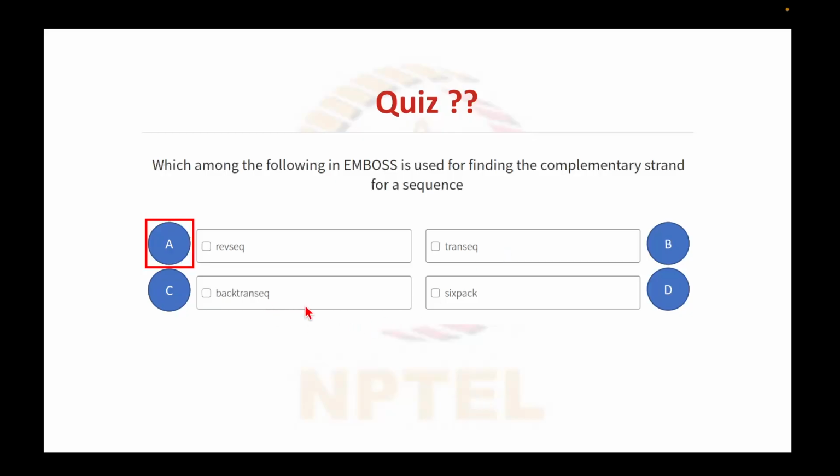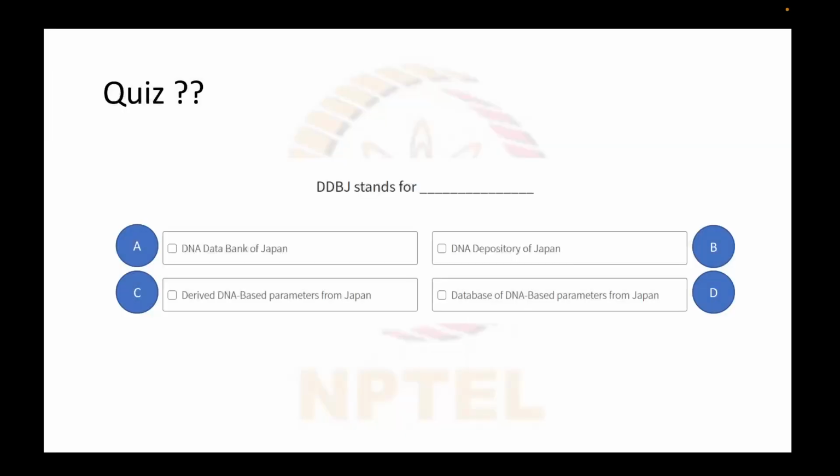Backtranseq is protein to nucleotide, and sixpack is the one which gives the 6 reading frames of a nucleotide sequence. So DDBJ is one of the famous databases, and it's also part of the international bioinformatics collaboration. So what does DDBJ stand for?